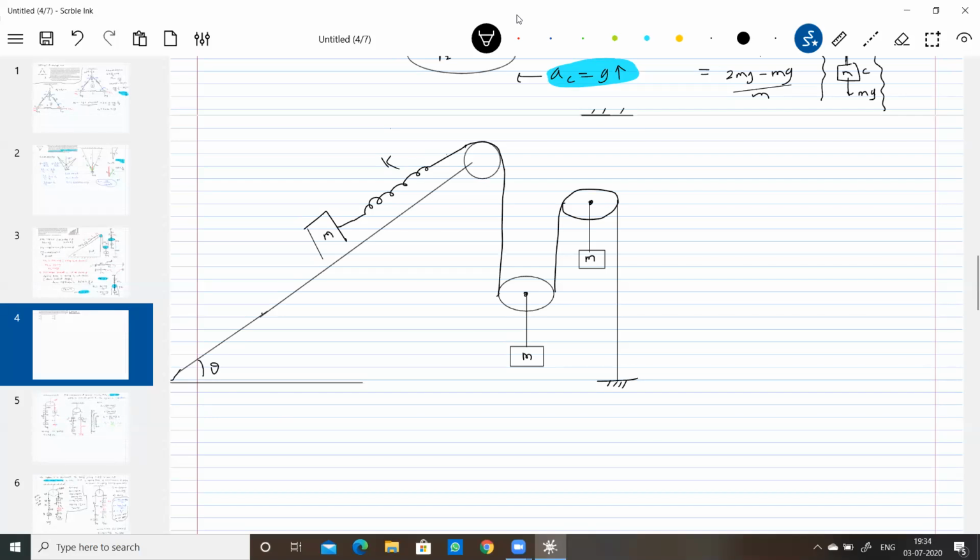Tell me what will happen. I'll just show it like this, so that it'll be easy for you. So it is justified that the spring is being cut.